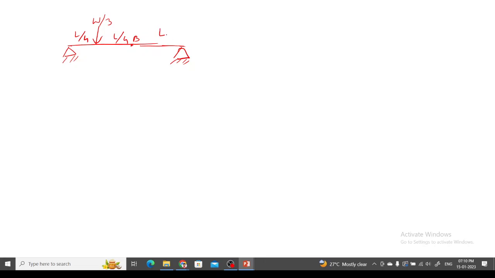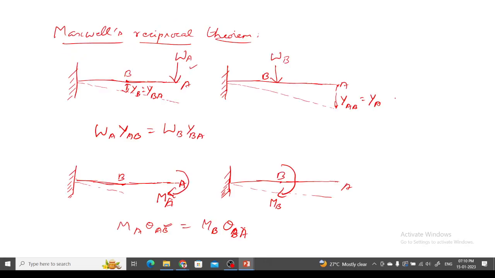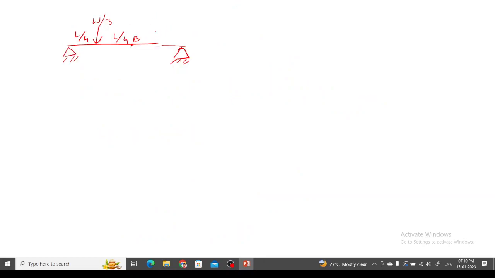This is also L by 4, and this length is also L by 4. Then I have a similar beam.